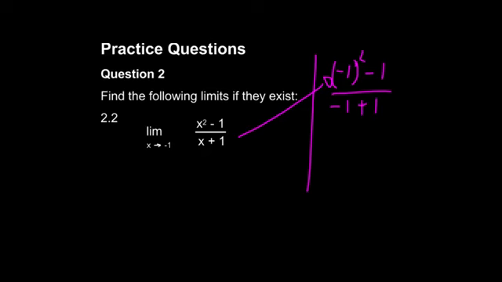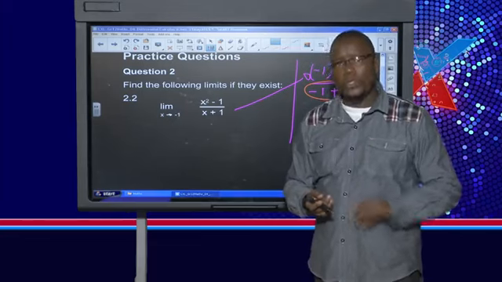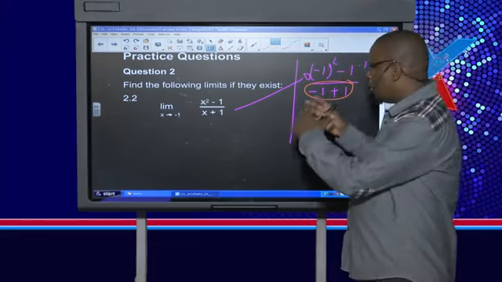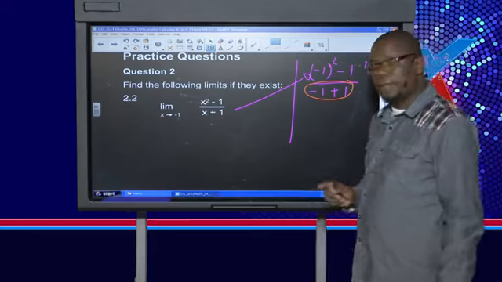Whatever you get at the top, if you look at your denominator here, you get minus 1 plus 1, and we all know that we're not allowed to divide by 0. That will be undefined. That is why I said to you, you need to factorize first, because you're avoiding this thing of dividing by naught.